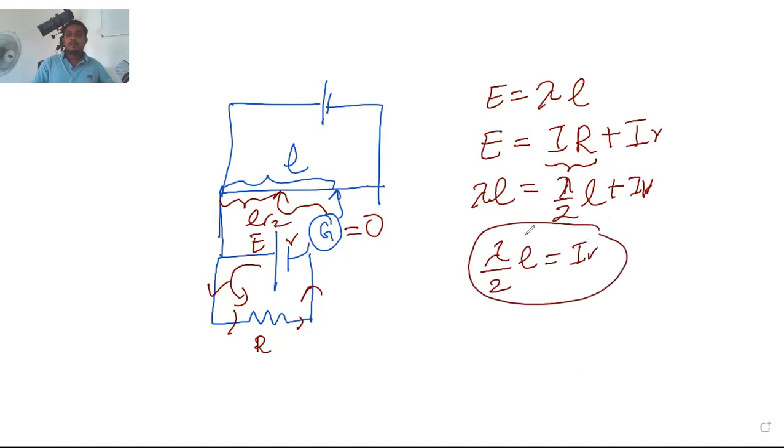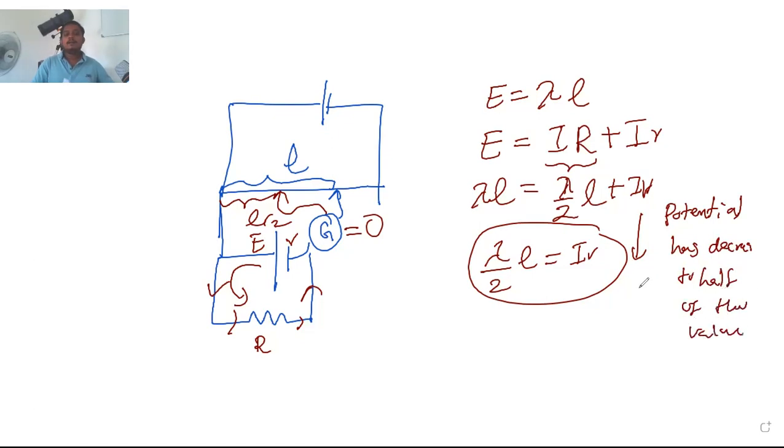So the potential has decreased to half of the previous value.